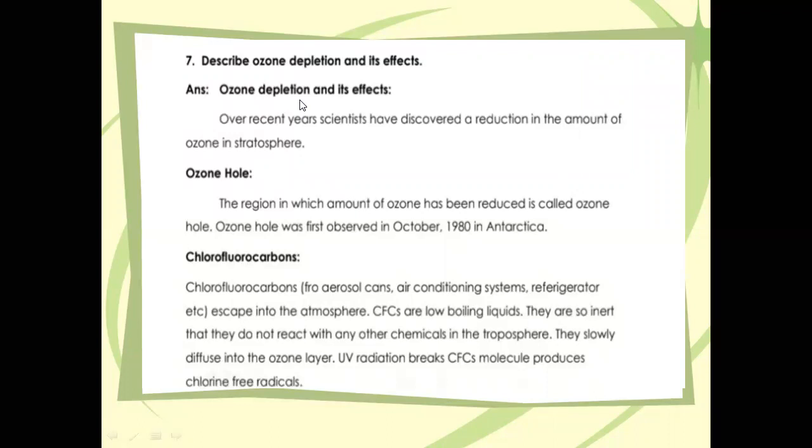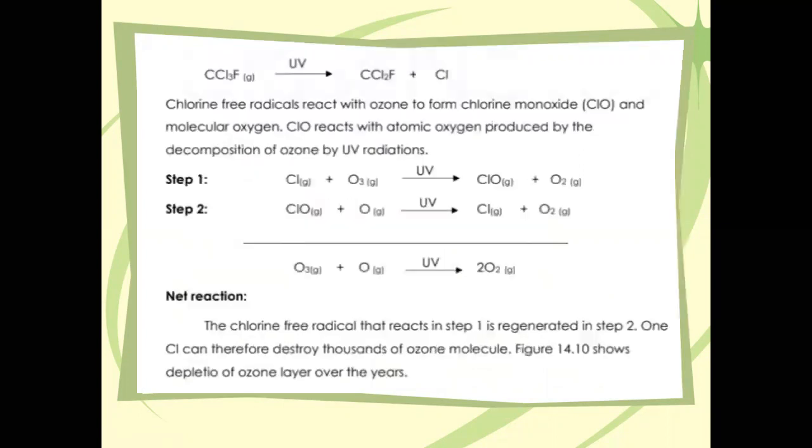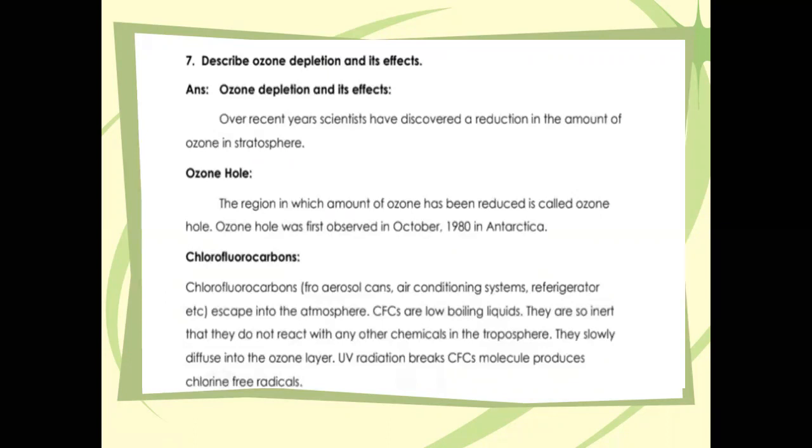Ozone depletion and its effect: over recent years, scientists have discovered a reduction in the amount of ozone in the stratosphere. The concentration of ozone decreases in the stratosphere. That region in which the amount of ozone has decreased or reduced is called the ozone hole.